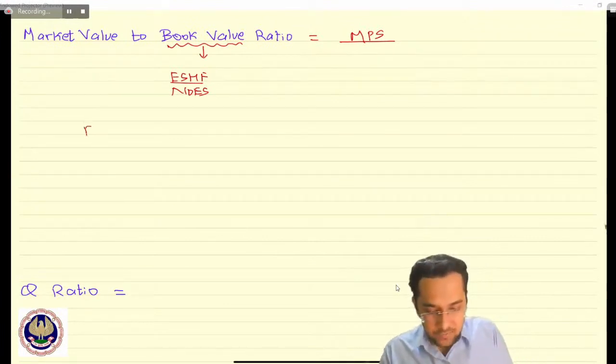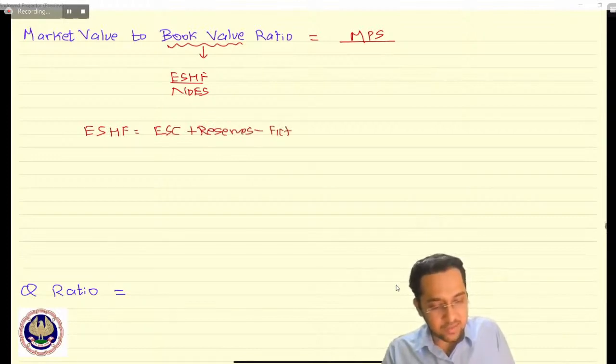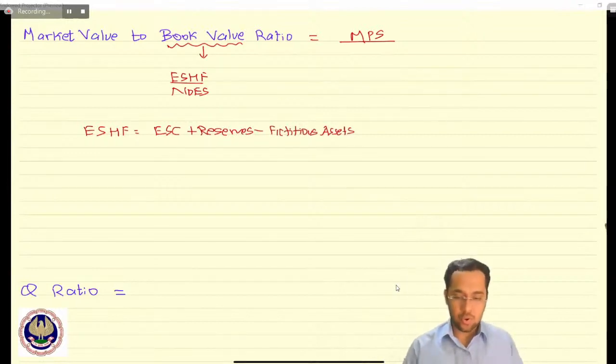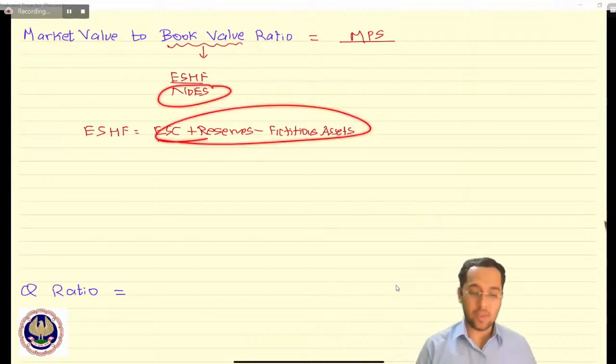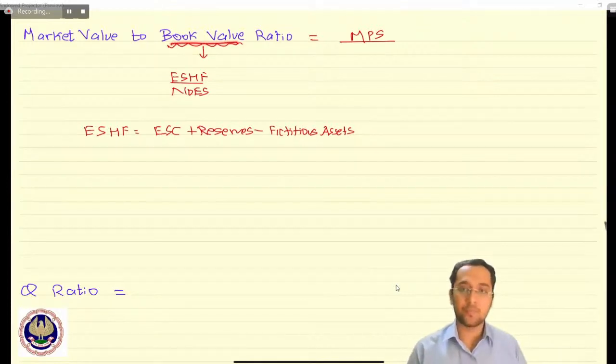So equity shareholders funds, we have already discussed that in the previous class also. Equity shareholders funds include equity share capital plus reserves less fictitious assets. So this divided by number of equity shares is going to give me the book value.